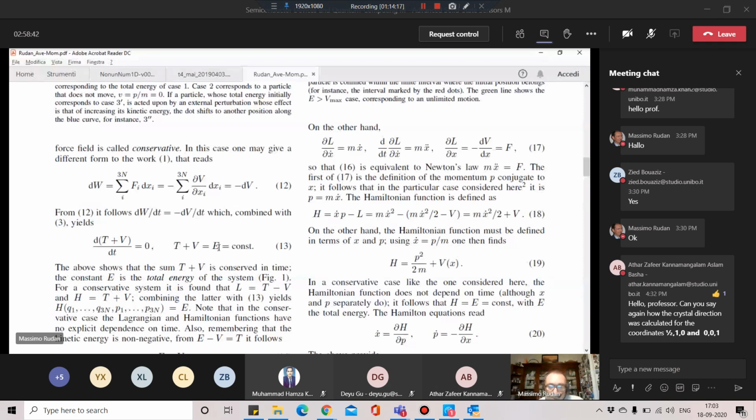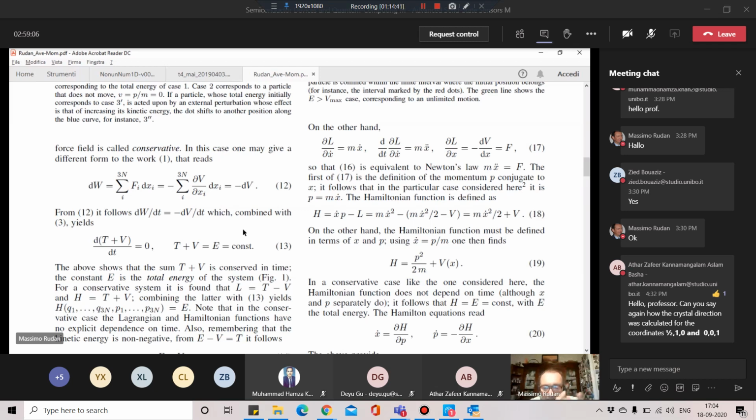Another issue is that for the conservative case, you can define the momentum of the particle, you see it here, simply as the product of the mass times the velocity.